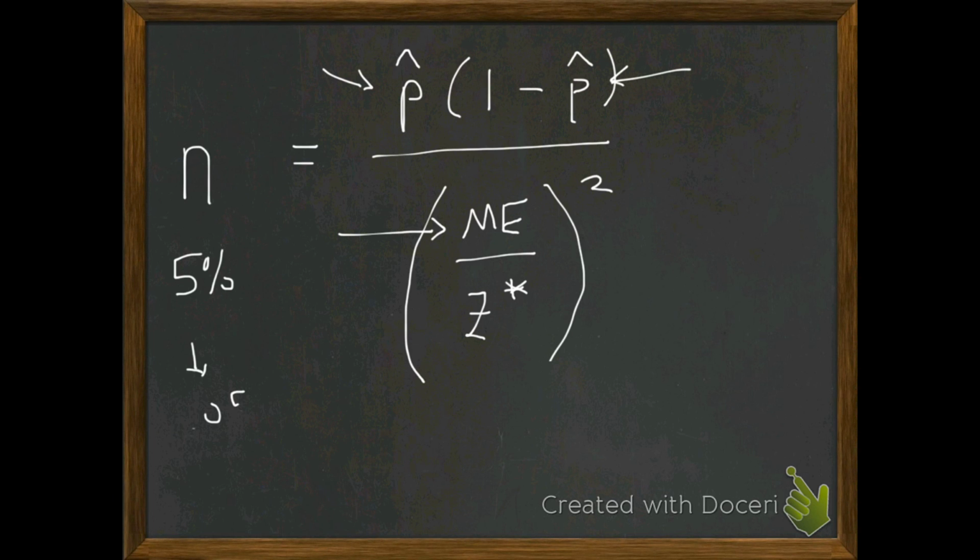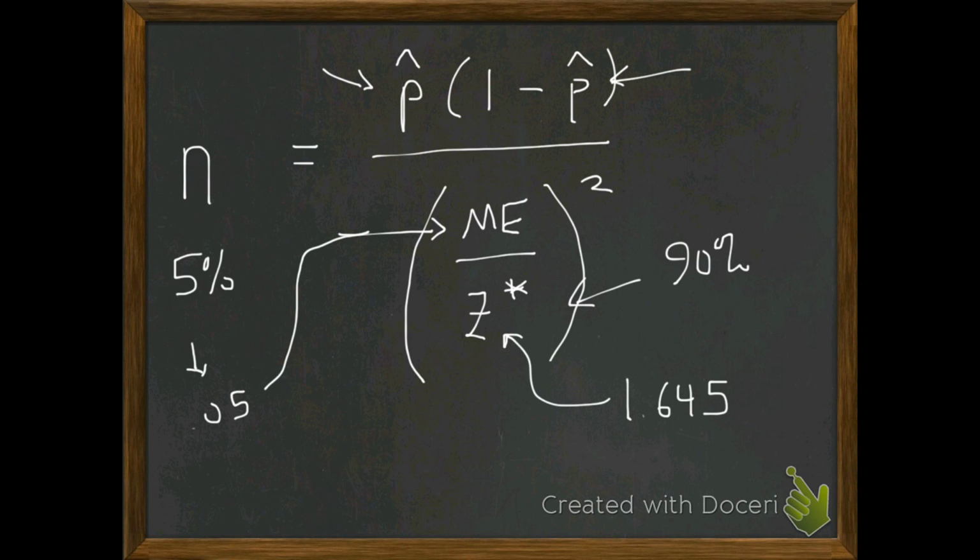Change it to 0.05, and put it right there. Let's say we want a 90% confidence interval instead of a 95. Then you're going to put 1.645 as I showed you in class. So just enter the corresponding values in the proper places.